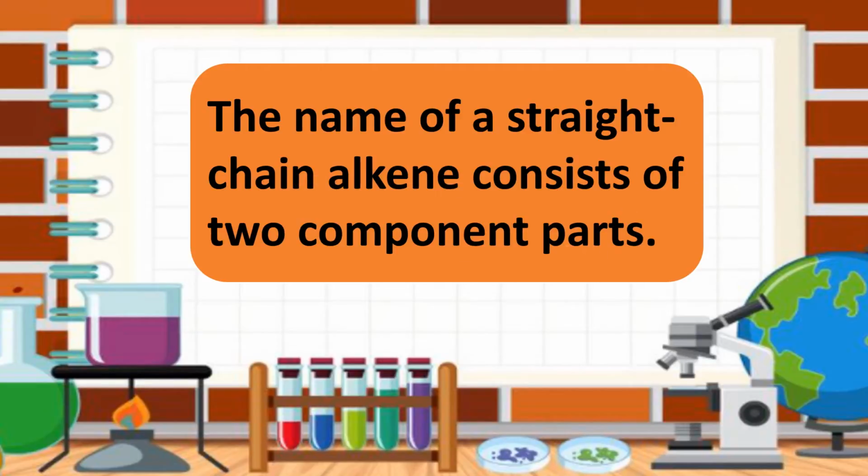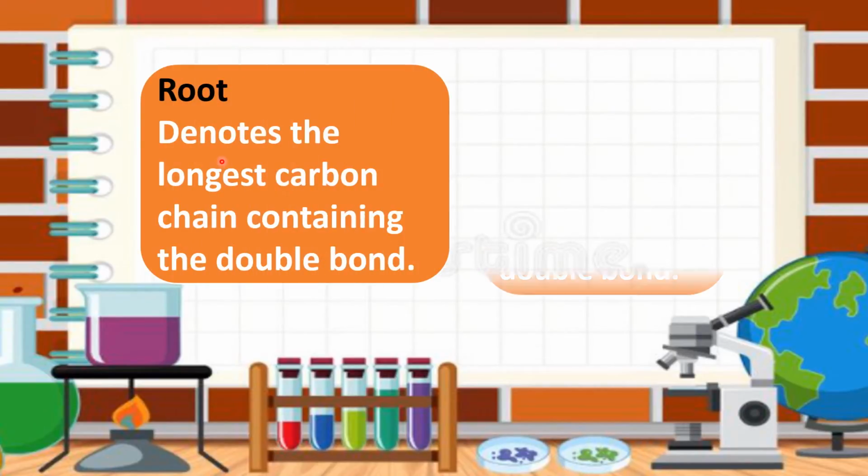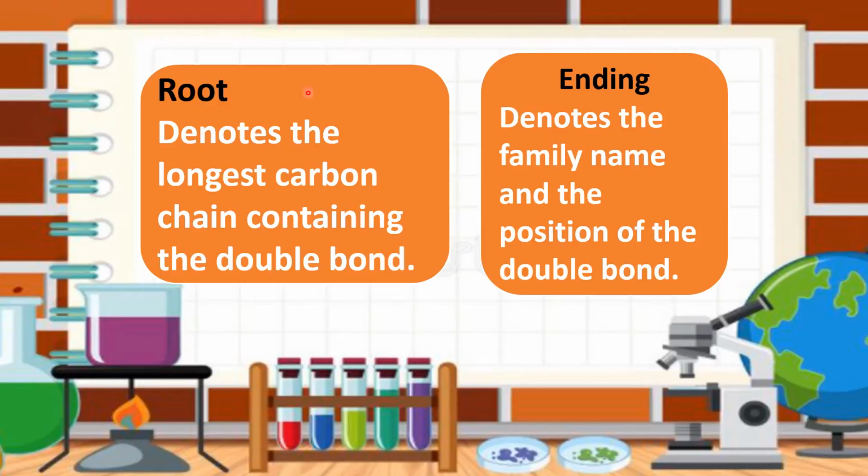So what are these 2 components? We have the root part and the ending part. The root part denotes the longest carbon chain containing the double bond, and the ending part denotes the family name and the position of the double bond. So I will give you an example.